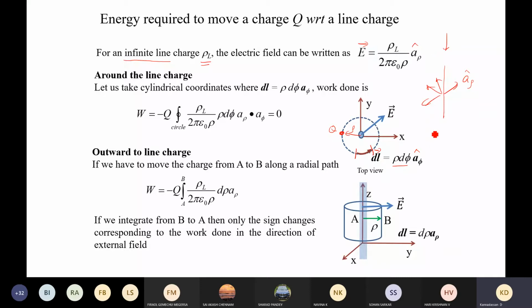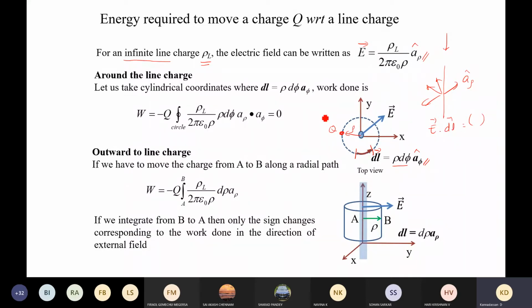When you take the dot product of this dl and this E vector, as of now we forget the magnitude. First we have to multiply these unit vectors. This is a rho vector, this is a phi vector. Both are orthogonal to each other. According to the theory of dot product, we will get the result of 0. So no matter what the magnitude is, it is going to be 0.